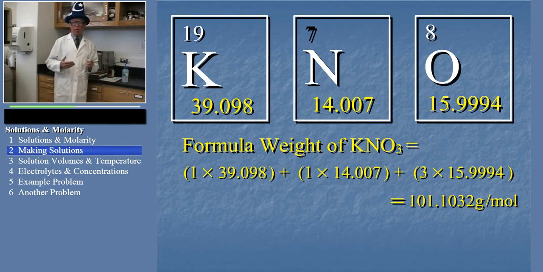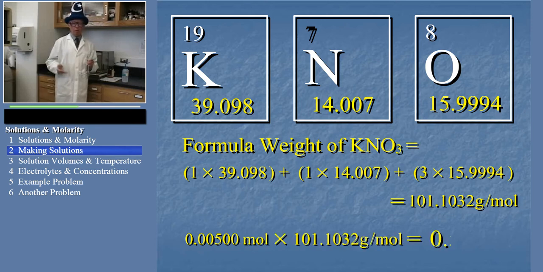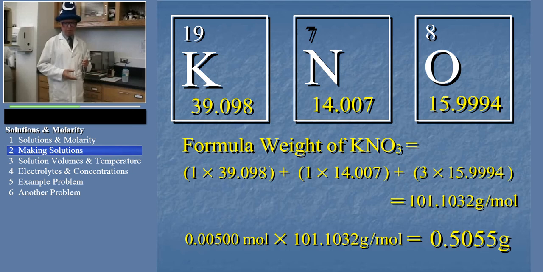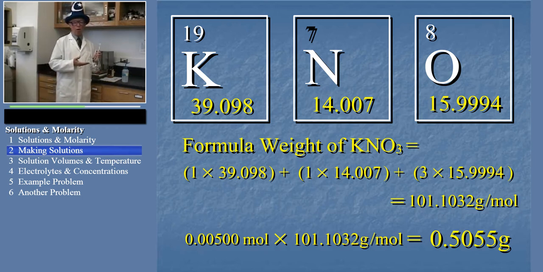But we want the weight of 0.005 moles. So we multiply to give 0.5055 grams. The idea is that if I now weigh out 0.5055 grams of potassium nitrate and dissolve it in enough water to make 1 liter of solution, I'll have a 0.005 molar solution of potassium nitrate.